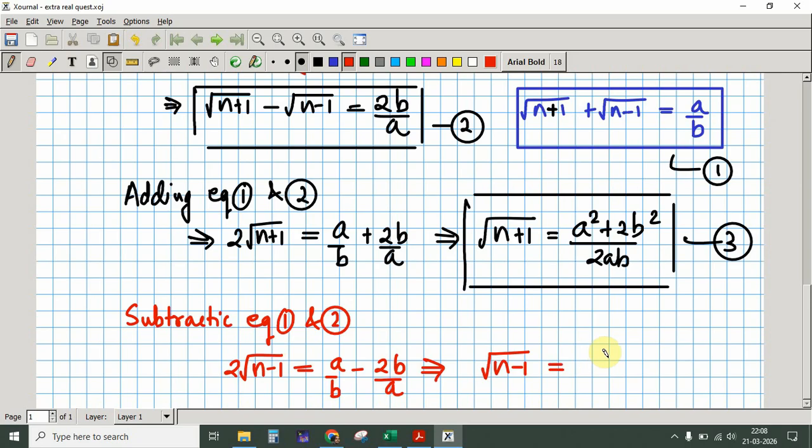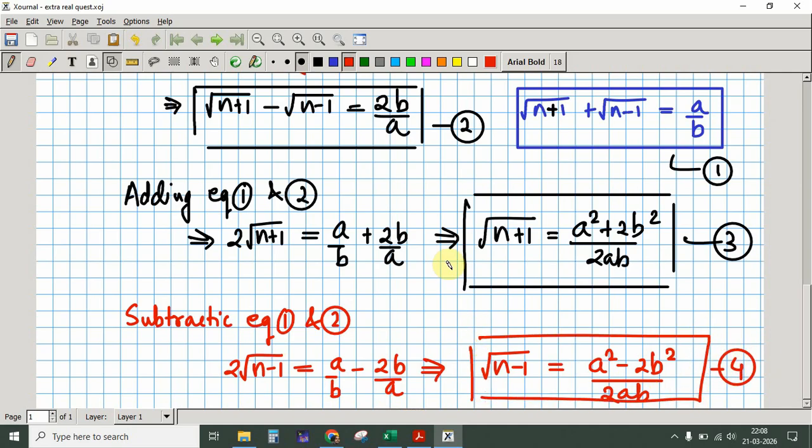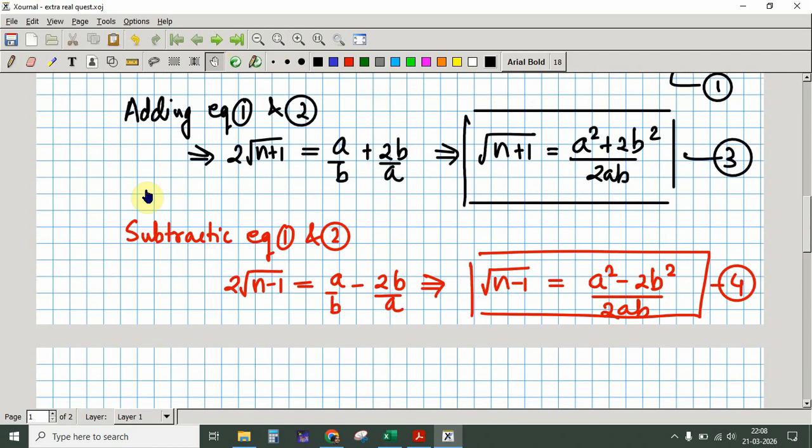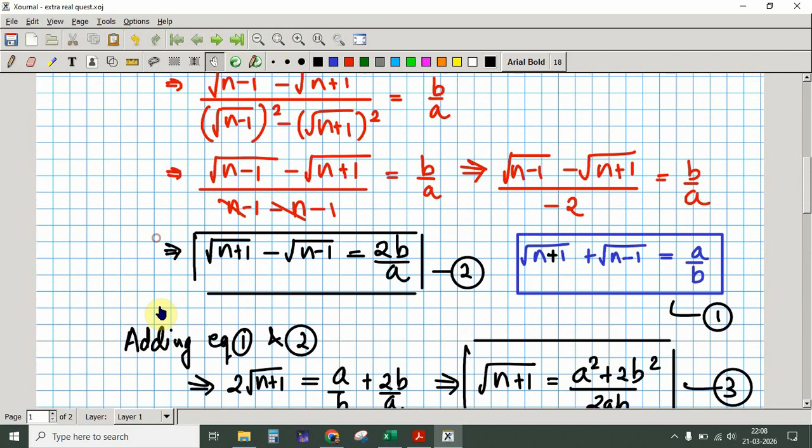Let me take the LCM again. So a square minus 2b square upon ab, and here there is 2, so that 2 is going on this side. This is again an important one. Equation number 4. I hope till here everything is clear.